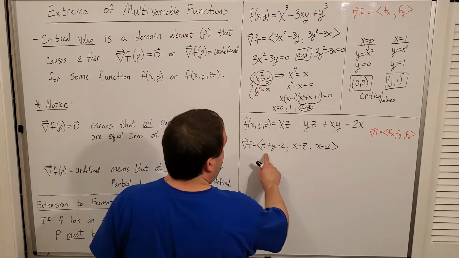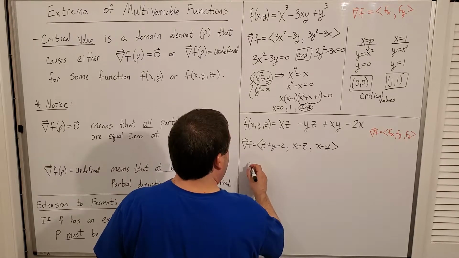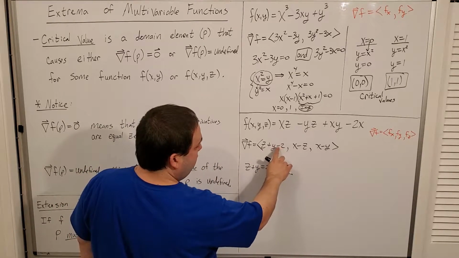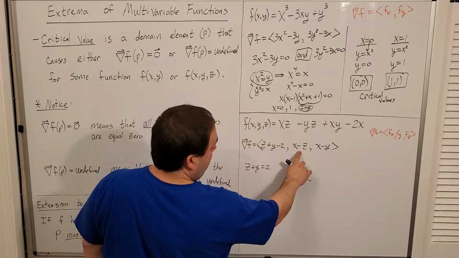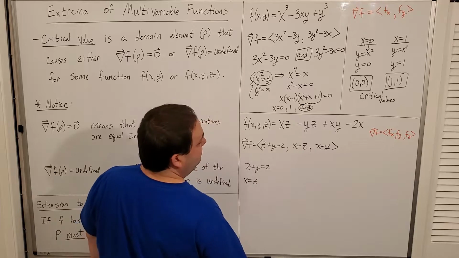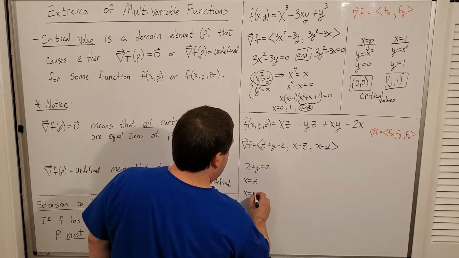So right here, if I set this one equal to zero, then it's telling me that z plus y is equal to 2. Here, if this one's 0, that's telling me that x is equal to z. And here, this one's telling me that x is equal to y.